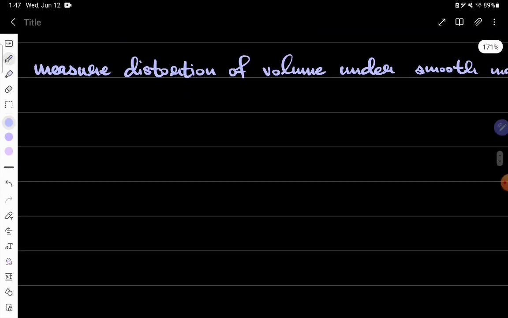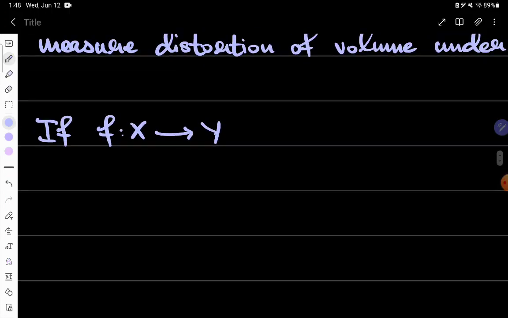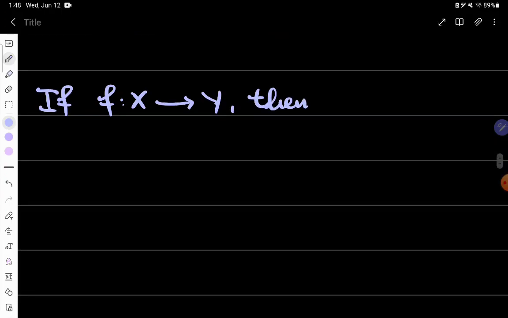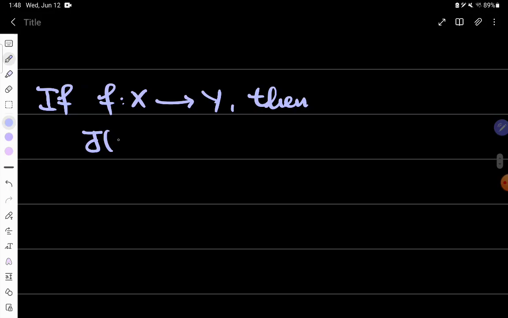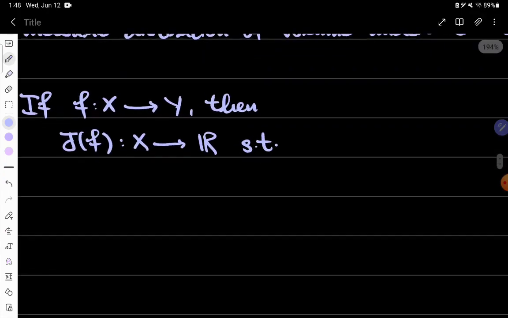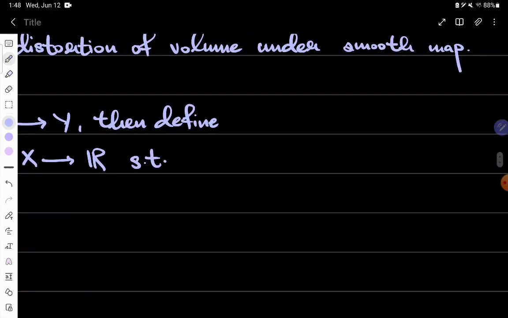Now, if f is a smooth map from X to Y, where these are compact oriented, then we define the Jacobian to be a map from X to R. This is also a definition, so it's not confused with a lemma or something.